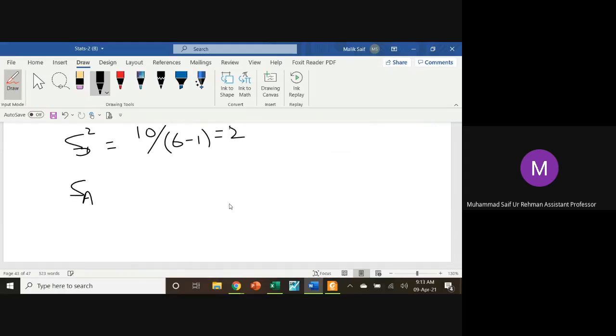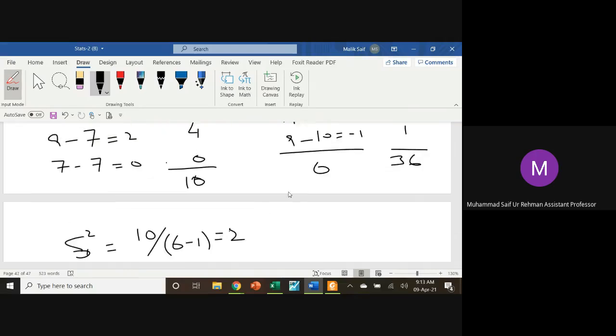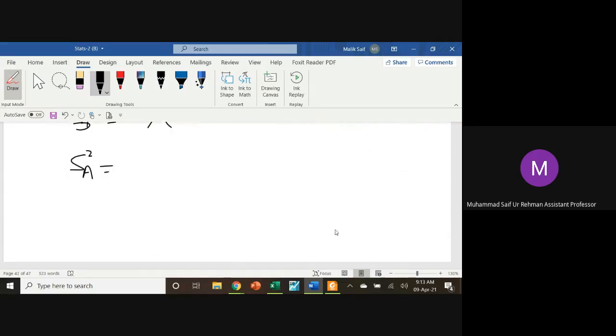SA square: for this, you have to write down this sum, 36, divided by 8 minus 1, because total observations were 8 in this particular case. So 36 divided by 7. Sir, 5.14. Clear?